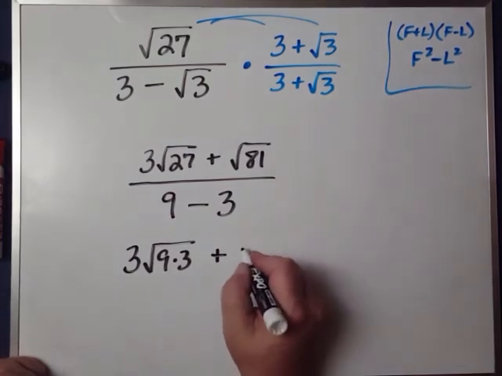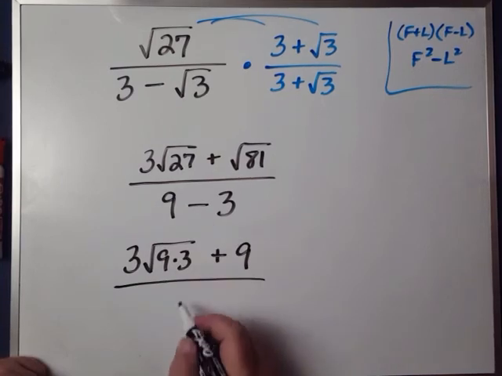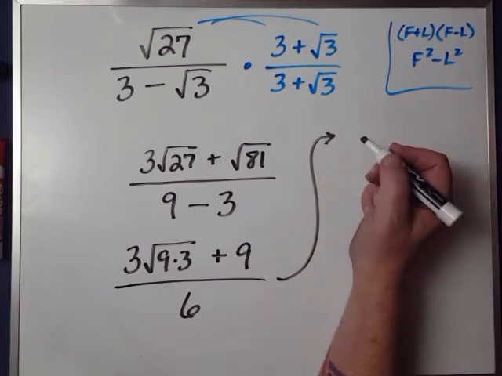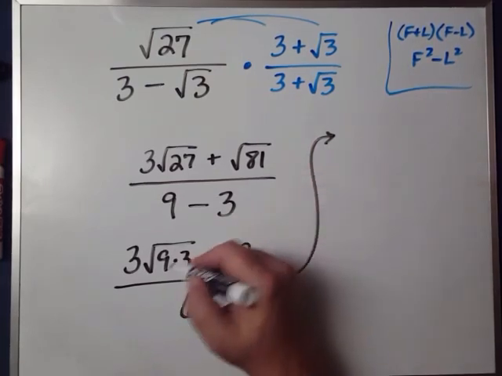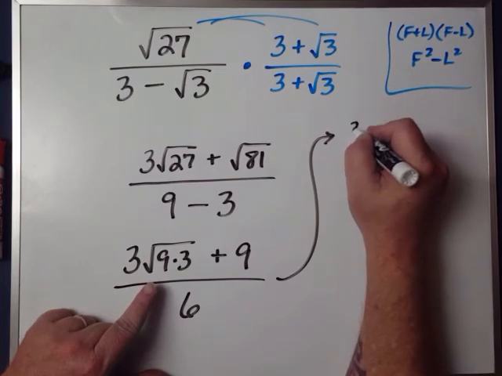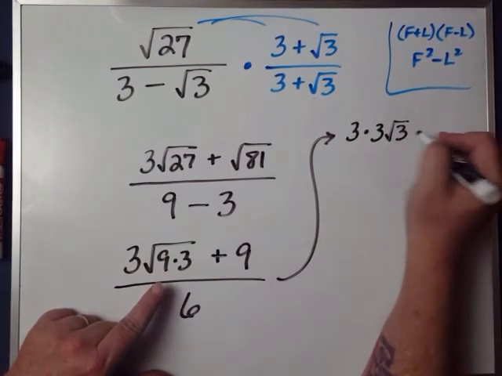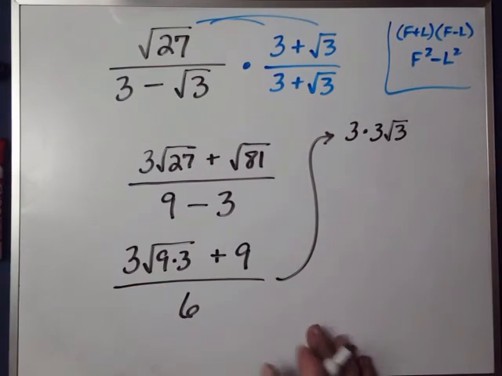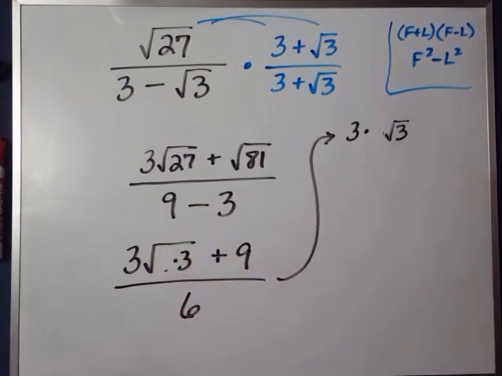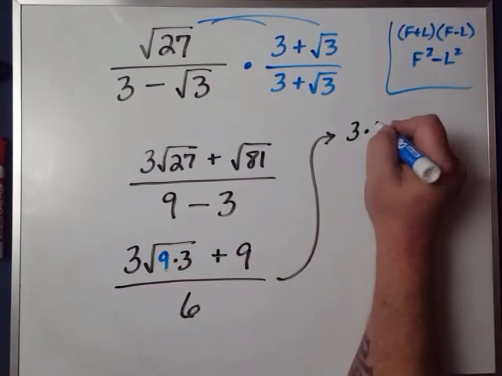Square root of 81 is simply 9. And then the bottom, 9 minus 3 is 6. Still working here in the numerator, I've got a 3 times square root of 9 is 3, and that other 3 is stuck inside. Do you see what happened? I took the square root of this 9 and it gave me this 3.